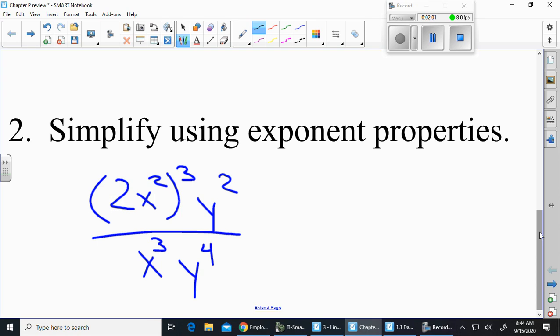Exponent properties. So we talked about it. Just seeing this example, you see parentheses, you distribute. So that'd be 2 to the third, x to the 6, because I multiply, y squared, x cubed, y to the 4th.